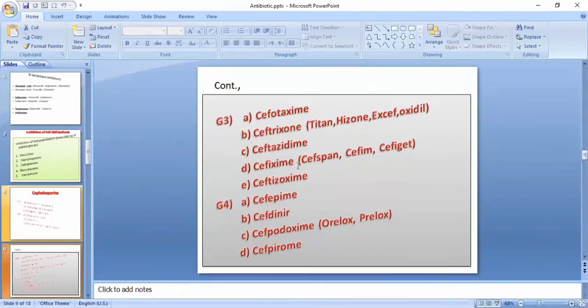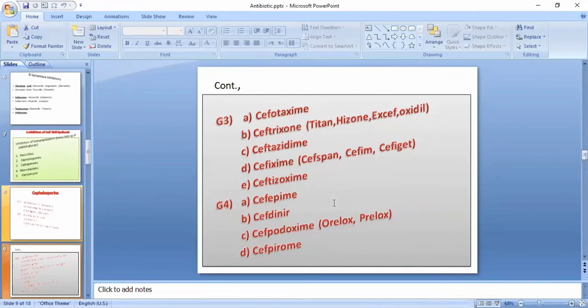You should remember cefixime with the names Cefspan, Cefim, Cefigate. Other drugs are cefotaxime, ceftriaxone, ceftazidime. These are the different cephalosporins in the third generation.